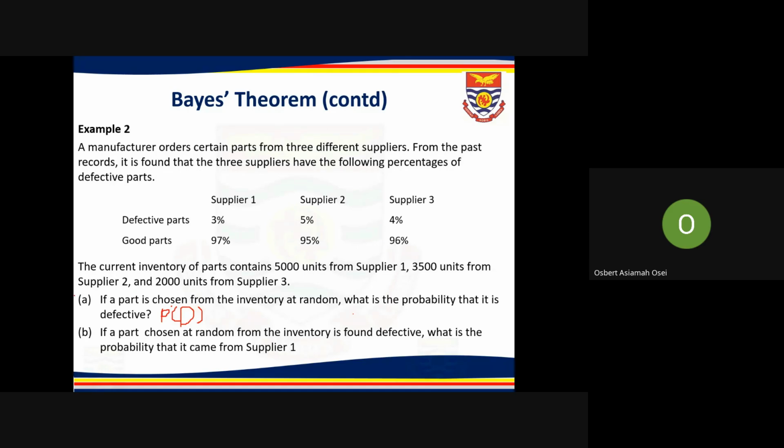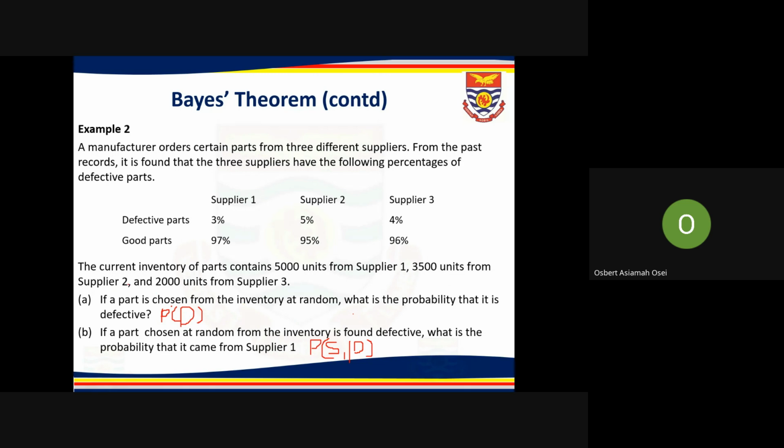And here it says that if a part is chosen at random from the inventory and is found defective, what is the probability that it came from supplier one? So here we want P of S1 given that it is defective. What has occurred first is that it is defective. Now we want to find the probability that it is coming from supplier one. So this is the probability of S1 given that it is defective.